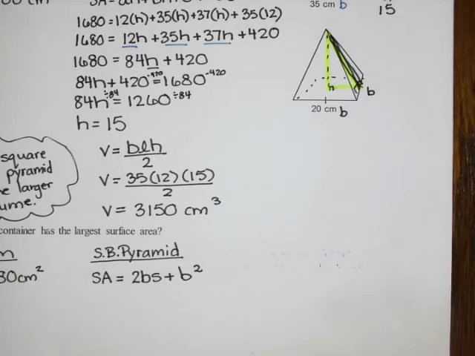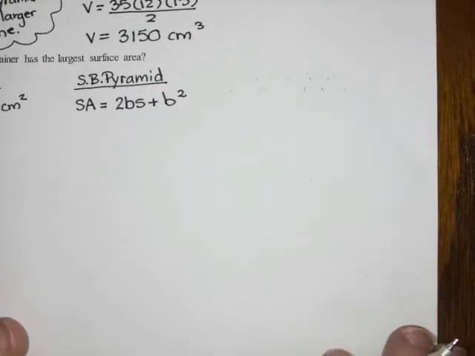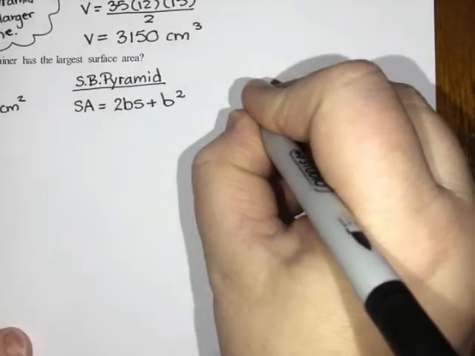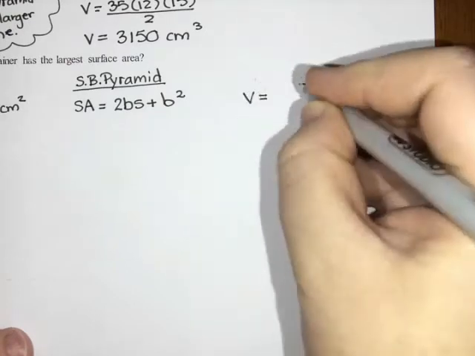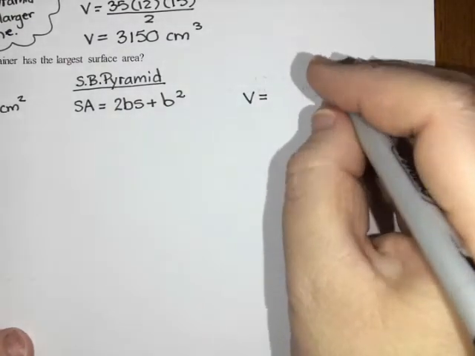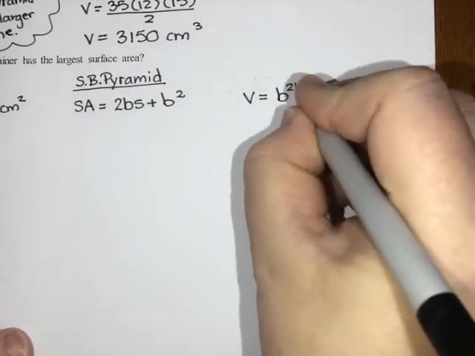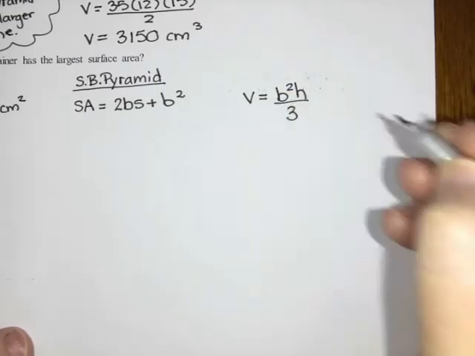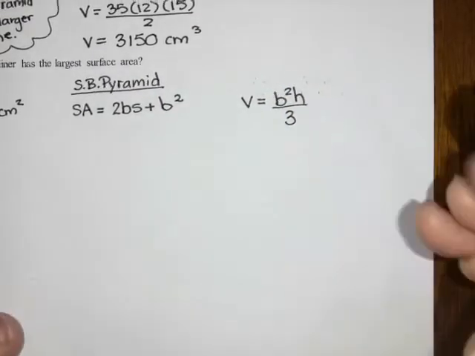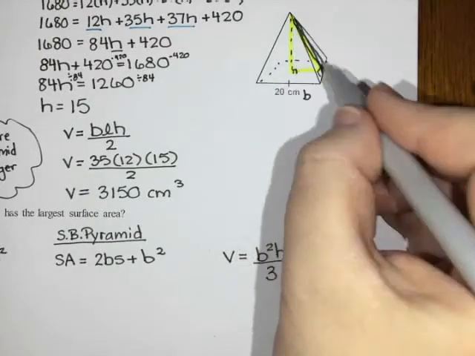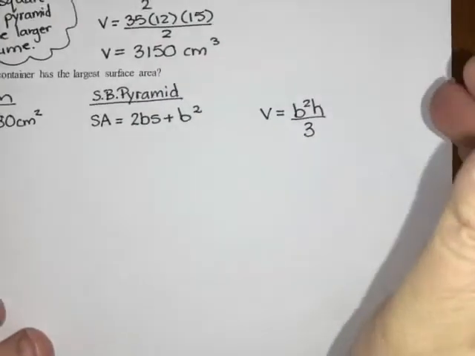So the question told me, sorry, I had to think for a minute there, the volume. We know the volume of a square base pyramid is b squared h divided by 3. So I'm going to have to use that because right now the only thing I know is b. I don't know height, I don't know slant, I don't really know a whole lot there.